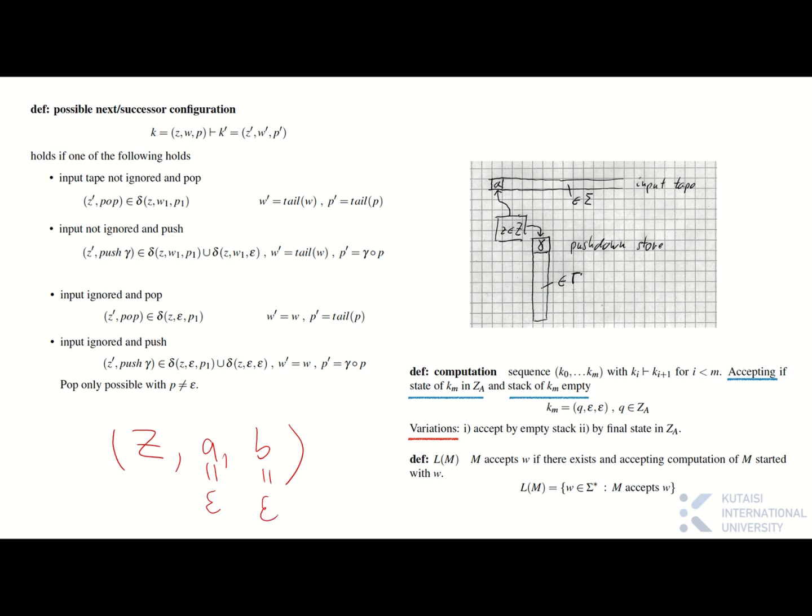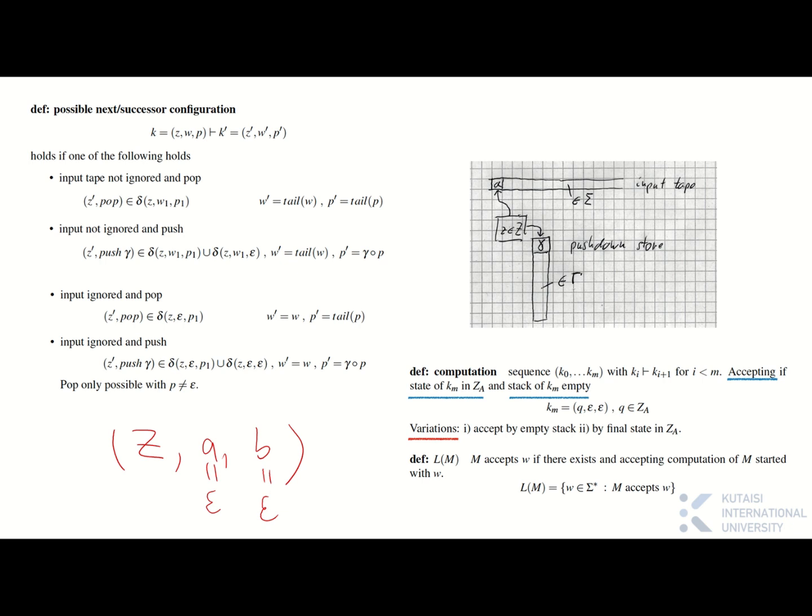This means that I will only accept if I read the whole word, my stack is empty, and my state is accepting. There are different definitions in the textbooks, such that they say I accept if my stack is empty and I do not care about my state. They also say I accept if I'm in the accepting state and I do not care about my stack. But these things are the same.